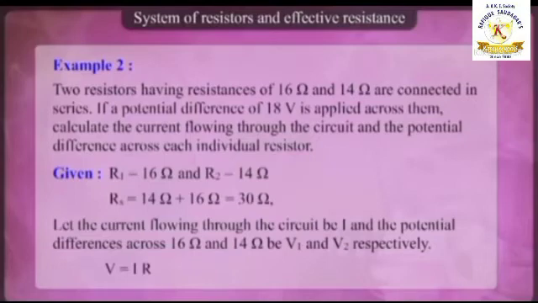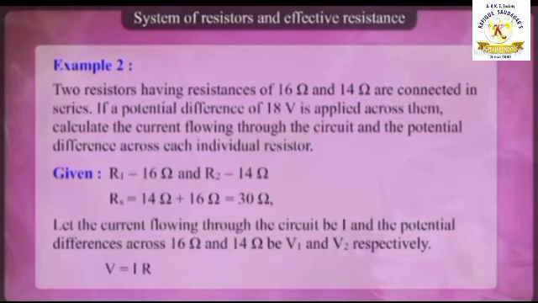Let's revise example number 2 once again. First of all, what is the question? Pay attention. Two resistors having resistances of 16 ohm and 14 ohm are connected in series. If a potential difference of 18 volt is applied across them, so the potential difference applied between the two resistors which are connected in series is 18 volts.